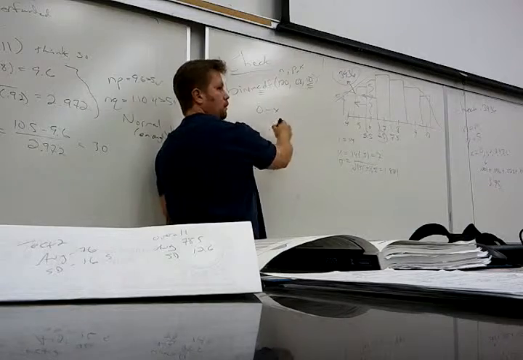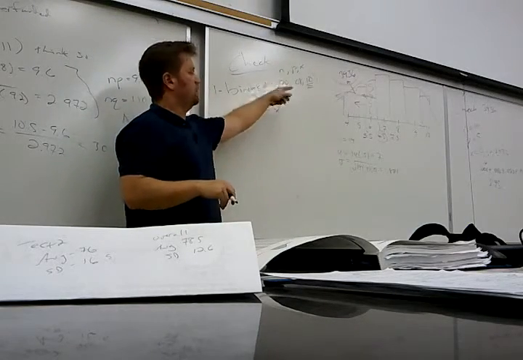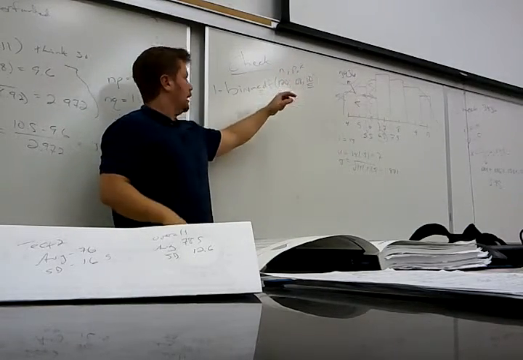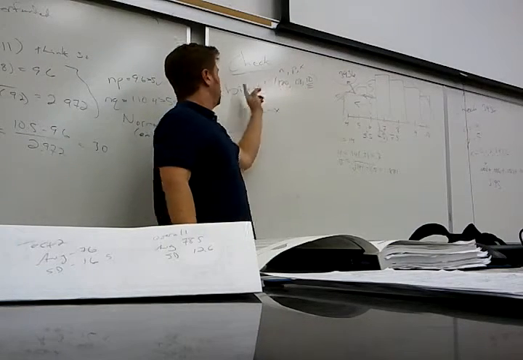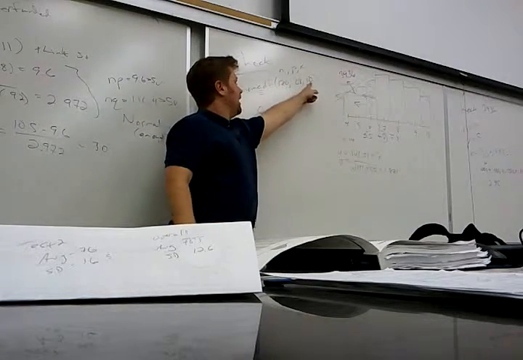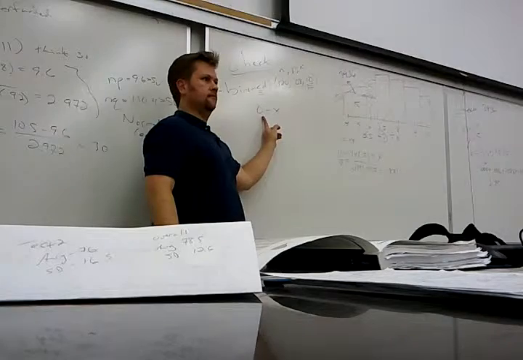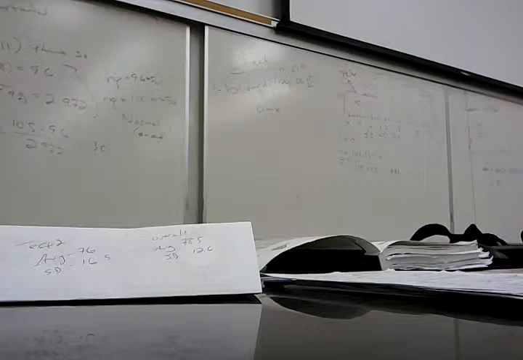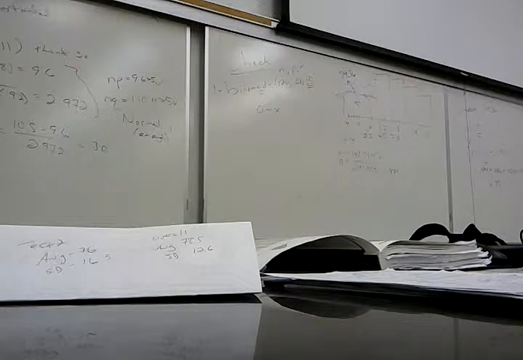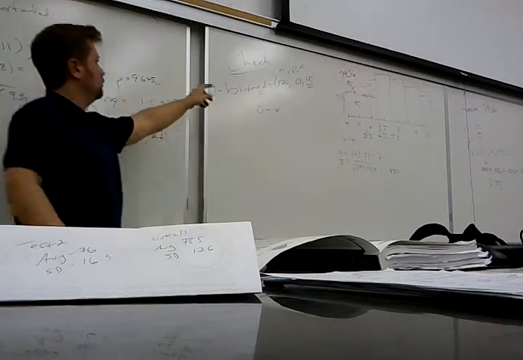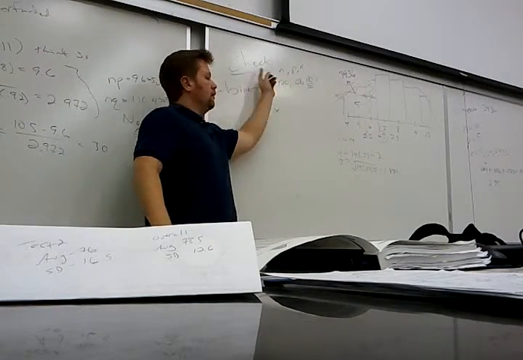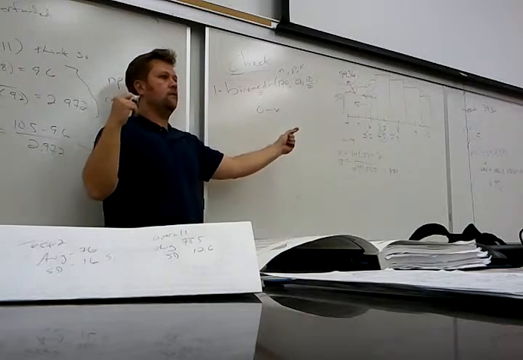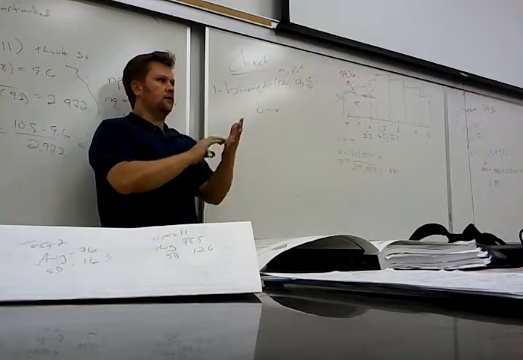So if I want 11 and up, I have to do 1 minus the opposite, which is 10 and down. So if I want 11 and up, what am I leaving out? 10 and below, right? From 0 up to 10, I'm leaving out. So if I do from 0 to 10, 1 minus that should be exactly what I want. And what do you guys get when you do that?